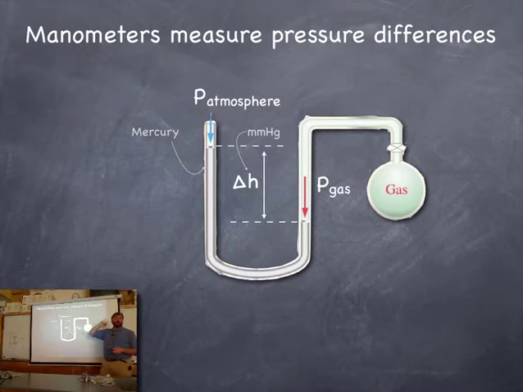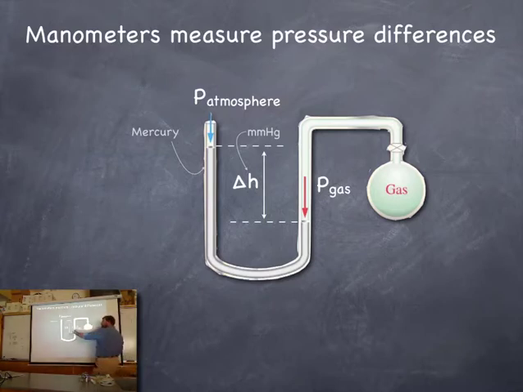And in fact, we can use this height as a measure of the differences in pressure between the two sources. This height difference represents a mass, a weight. The weight of this mercury represents a force that would be pushing downwards. That additional force that we would have to add to the atmosphere to equal the pressure of the gas.